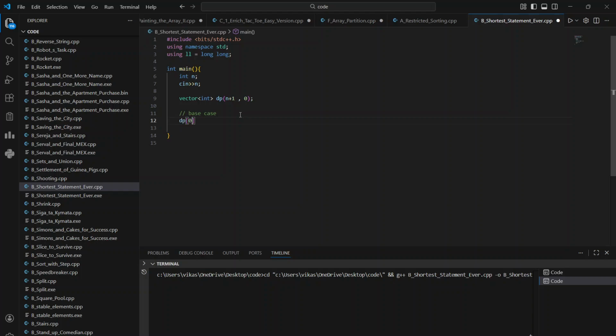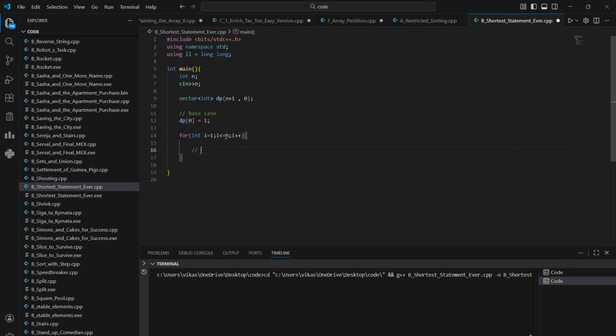So initially, what are the number of ways to go to 0? It is just 1, not 0. Think of this, if you cannot solve it. Now for int i equal to 1, i less than or equal to n, i plus plus, you will do.